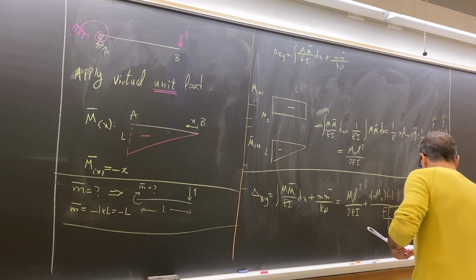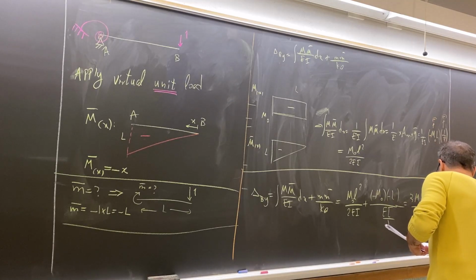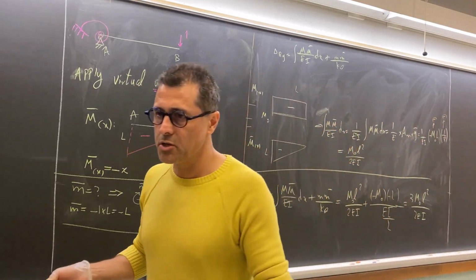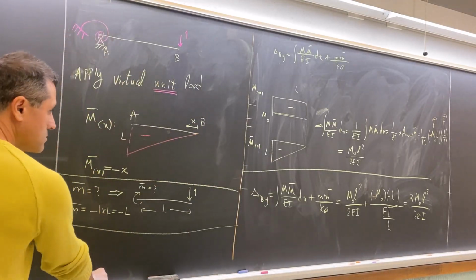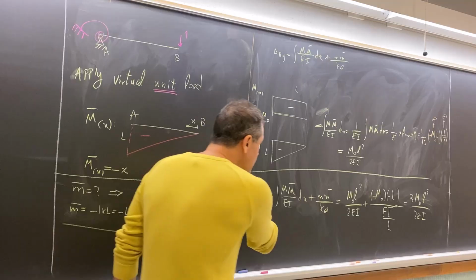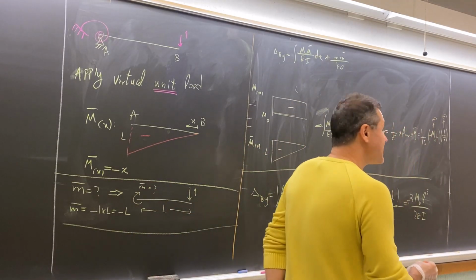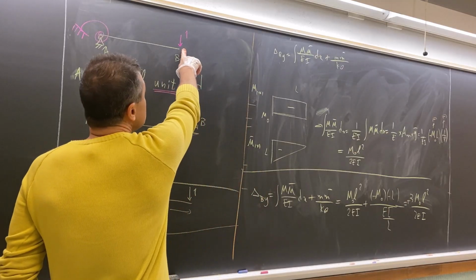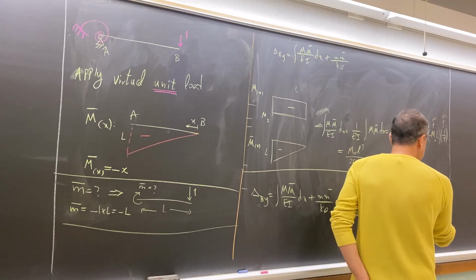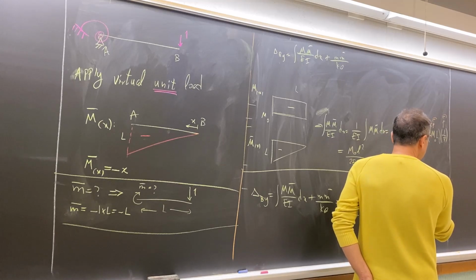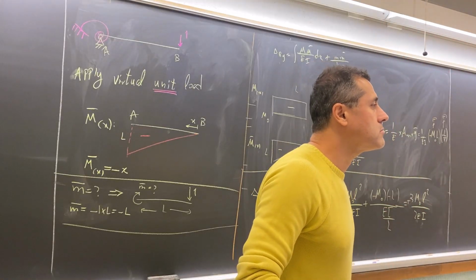So the final answer is this one. Basically I just substitute everything, nothing new. We have all of these values, I just substitute. That's it. Delta B is this one and it is positive. It means our assumption was correct. So B moves downward. If you have the length, the modulus of elasticity, the moment of inertia, and the value for m, you can calculate delta B. For example, it is 2 mm. That's it.